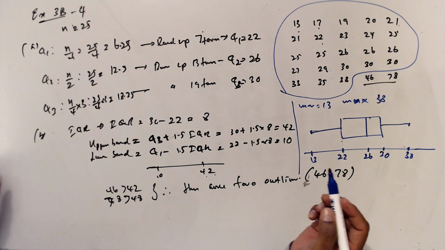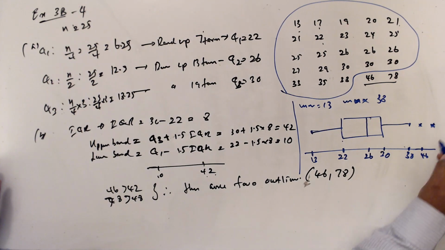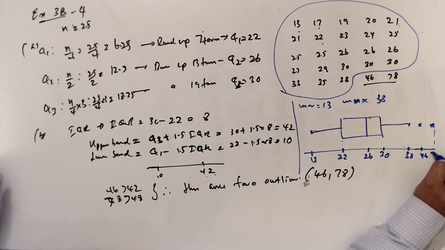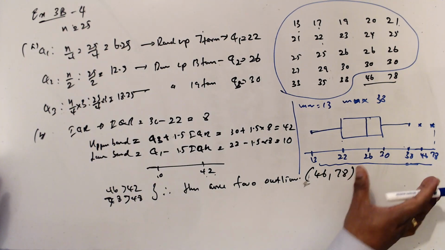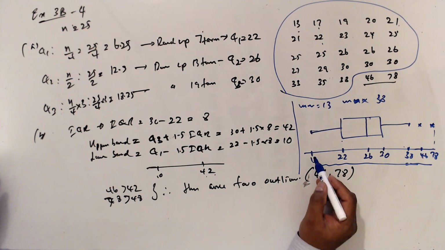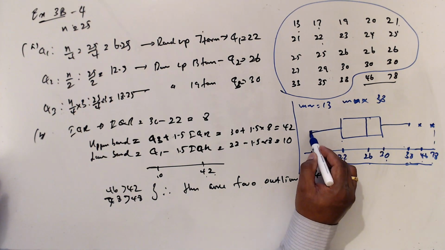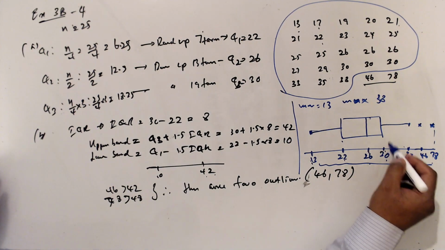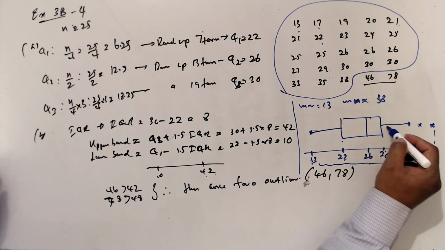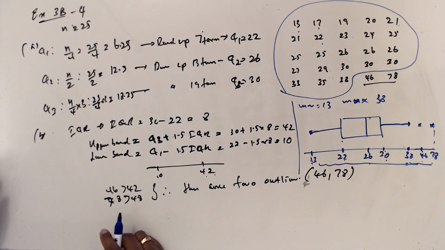One is 46, the other one is 78. So this is the box plot, but these scales are not right. You can draw to proper scales, but those are the values that should appear: 13, 22, 26, and then 30, and the upper whisker bound is 38, and 46 outlier, 78 outlier.